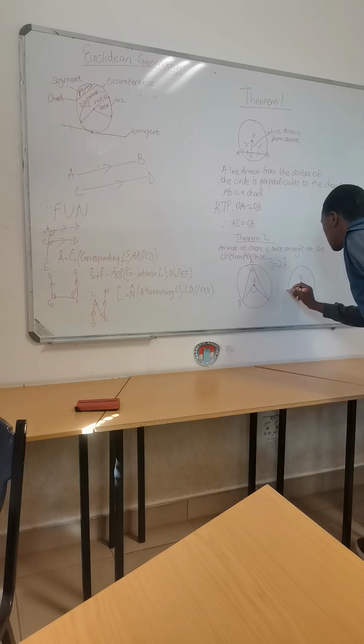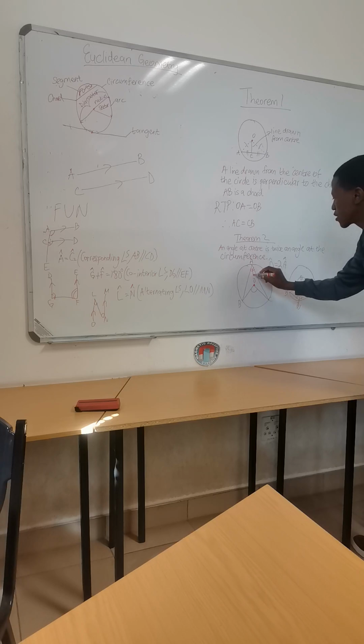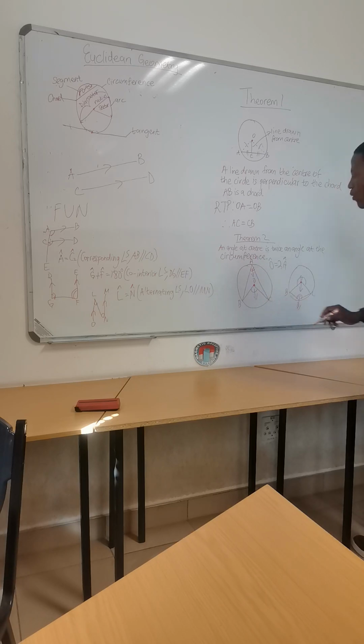This is O, this is B, this is C, this is D. This angle, this is an outer part, is twice the one at the circumference, which means they must have a relationship due to directions. Even if this one faces down, the other one must face down. Therefore, angle O is equal to double of D.